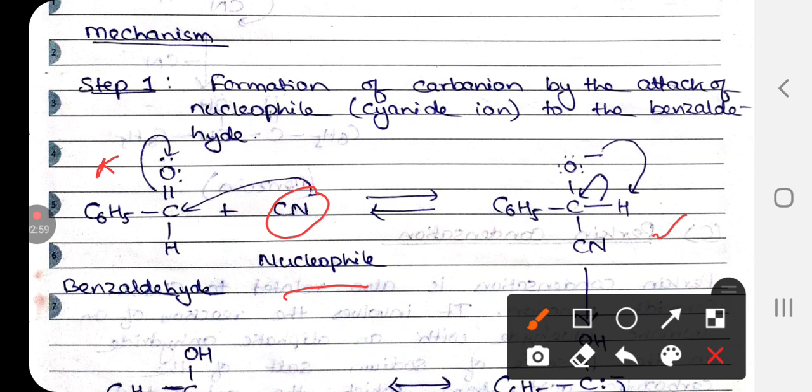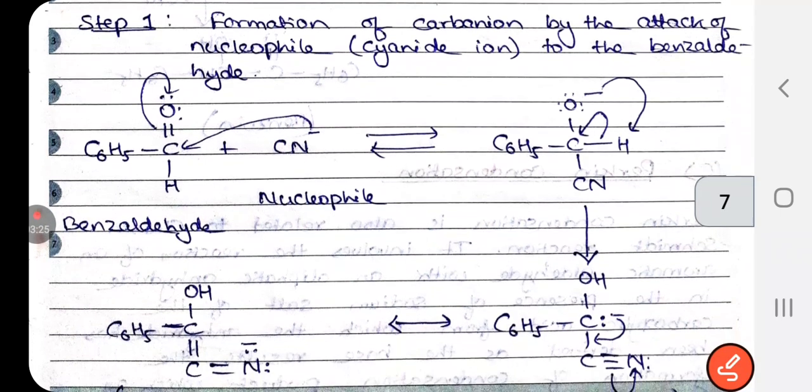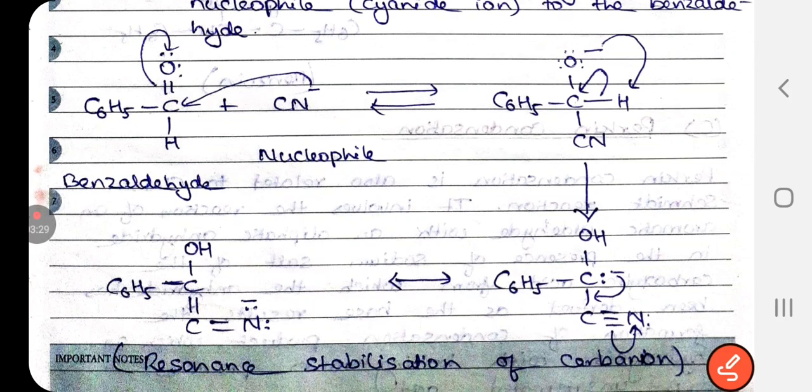Now after this process, the process is reversible. O minus, the O negative part, interacts with the H part, and the carbon hydrogen bond, which consists of one shared pair of electron, displaces towards the central carbon atom as shown in the arrow diagram or arrow notation, as a result of which the transformation will be like this.